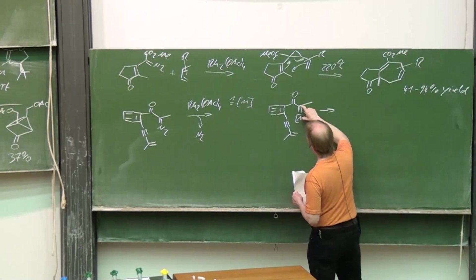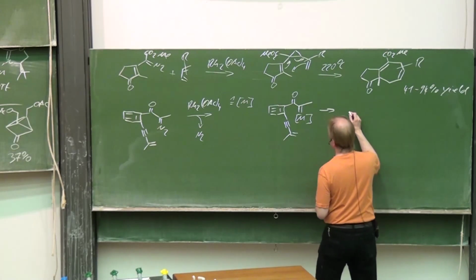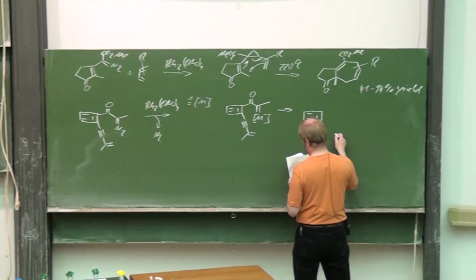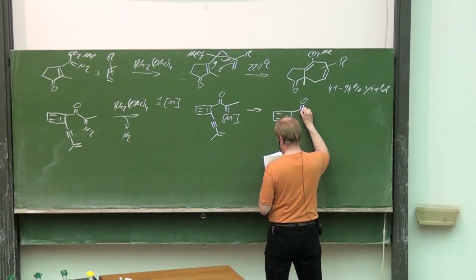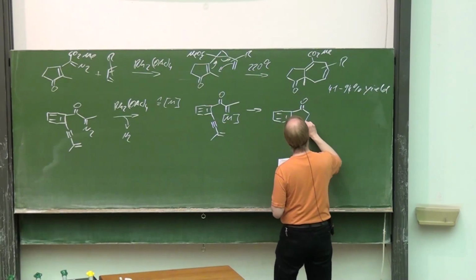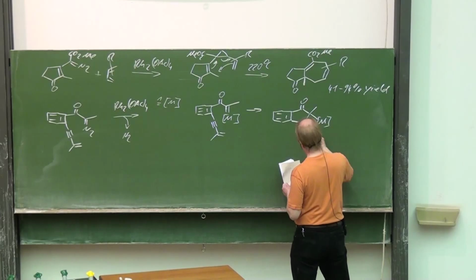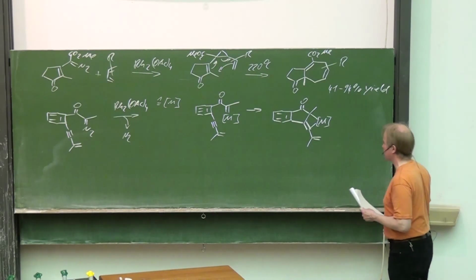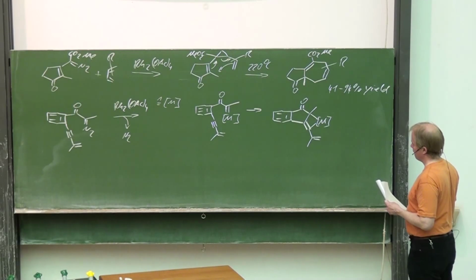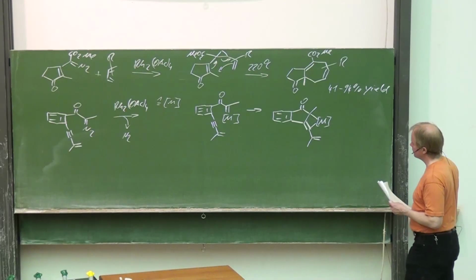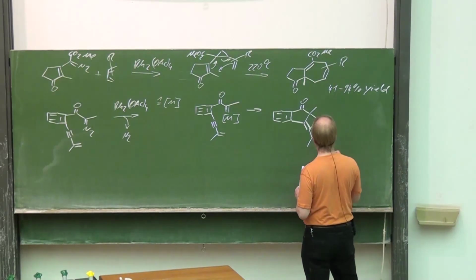So a 2+2 cycloaddition process will lead to this metallocyclobutene intermediate, highly strained.